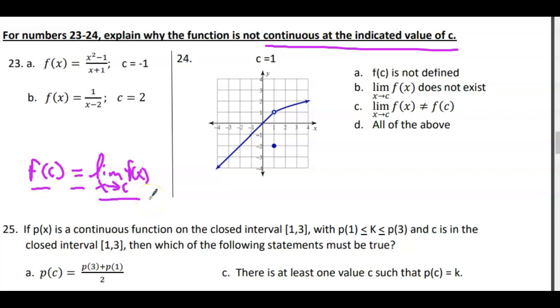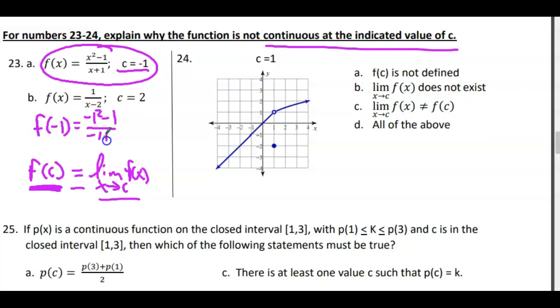Okay? So let's take a look at this function. They want to know, why is this function not continuous at c equals negative 1? Well, let's make sure the function actually exists at that point. That's undefined. So right there we can stop.